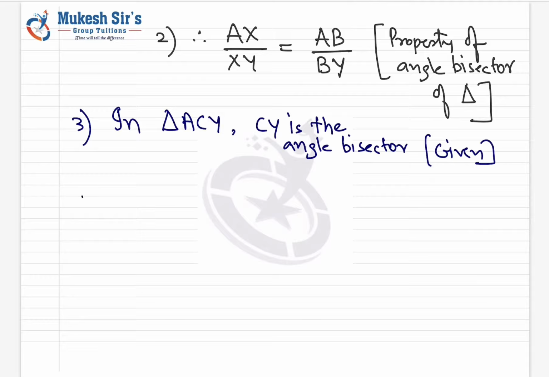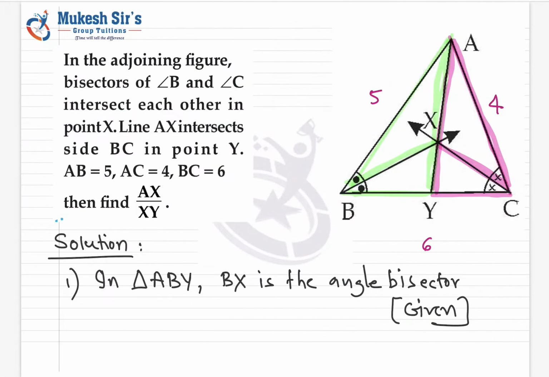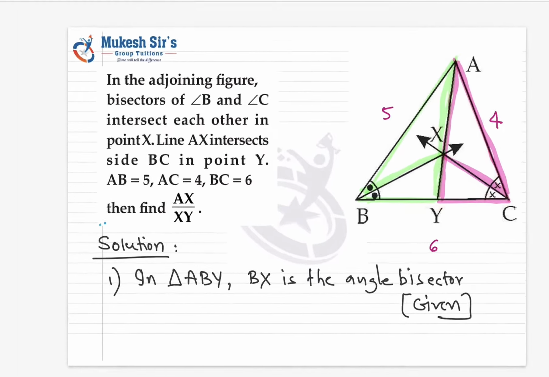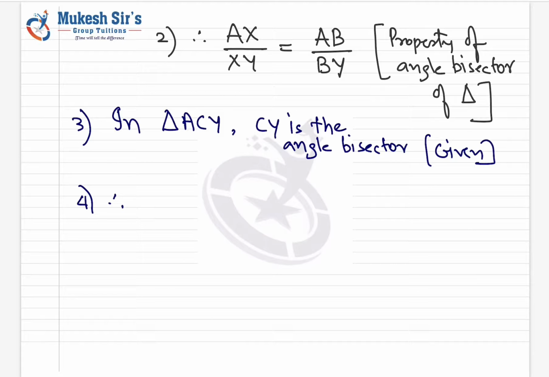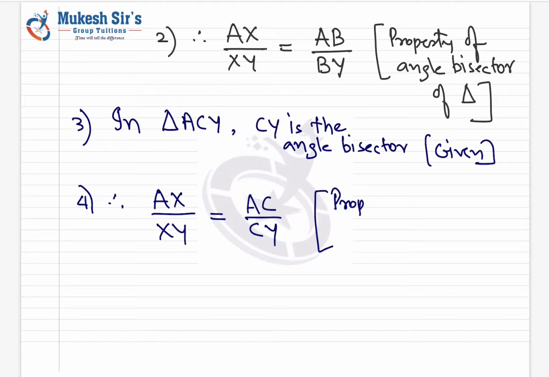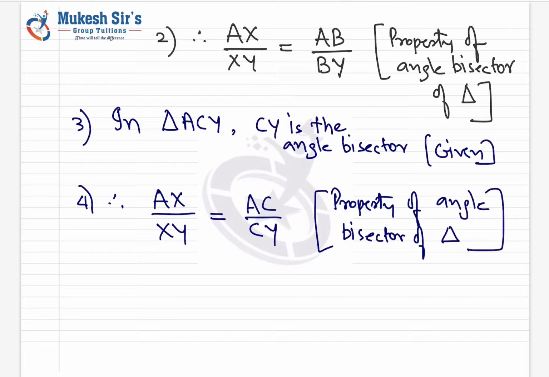So use the property there. Step number 4. If I use the property here, you get AX upon XY is equal to AC upon CY. And the reason is the same: property of angle bisector of a triangle.